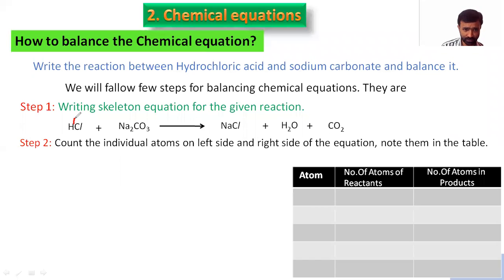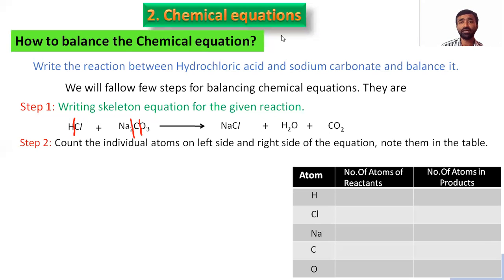So here look at H, Cl, Na, C and O. How many? 1, 2, 3, 4, 5 atoms are there individually. So those 5 atom names I will write in the table. But no need to check them again on the reactant side. On the product side, the same number and same types of atoms will be repeated. No new atoms are produced in a chemical reaction. So that is the reason.